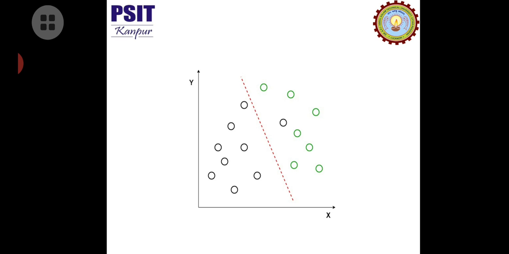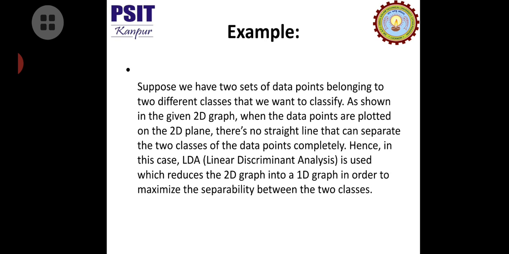It is not possible, because in this diagram, on your left side, all the data points belong to class A, group A. But on the right hand side of your straight line, we have green data points and also black data points, so we cannot separate them. Hence in this case LDA is used.